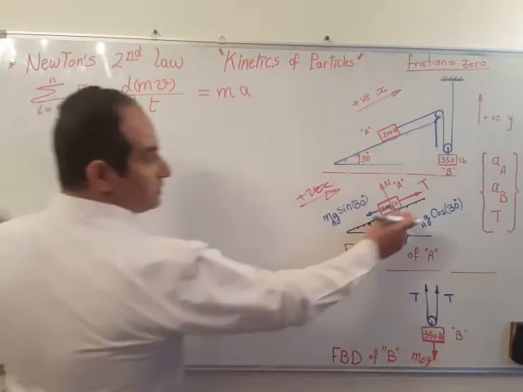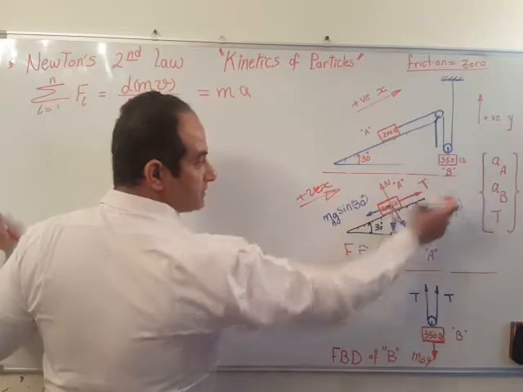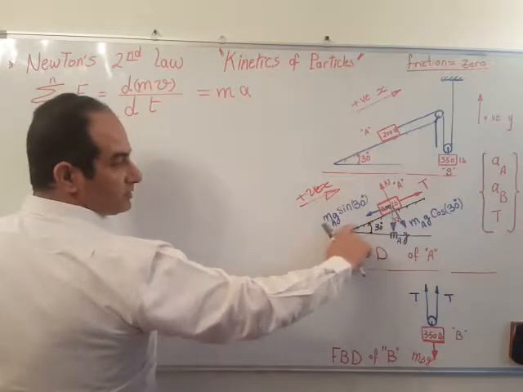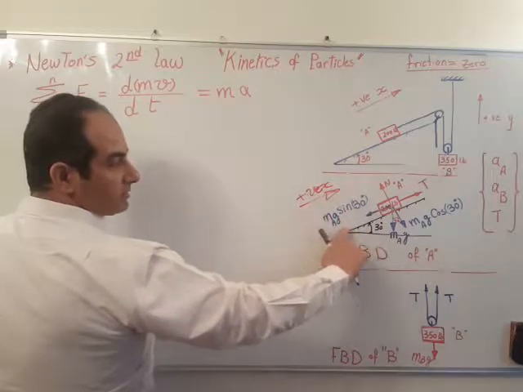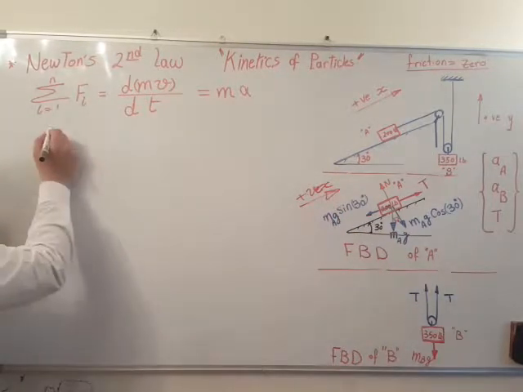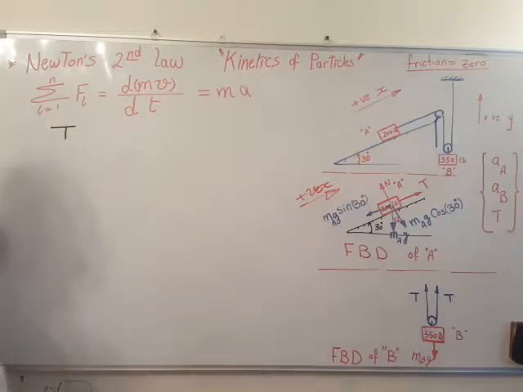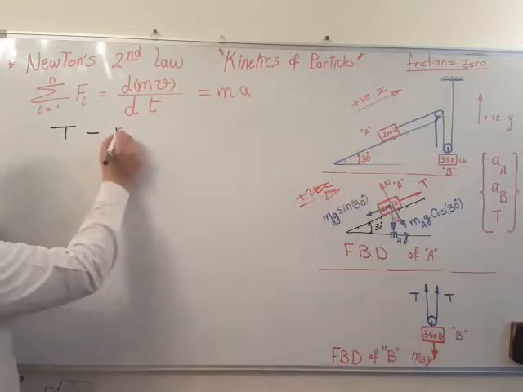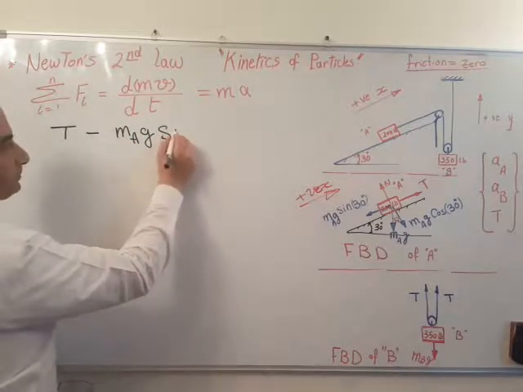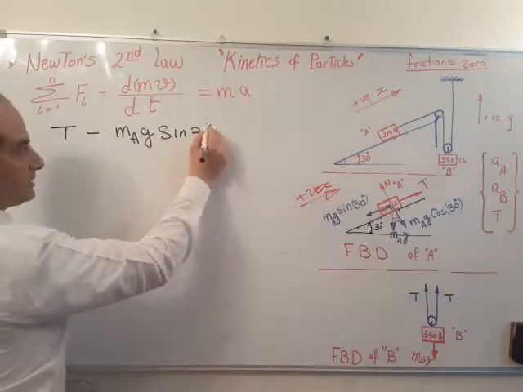We have the tension force in this direction and the opposite force, which is the sine component of the weight of mass A. So you can write T minus MAG sine 30 degrees.